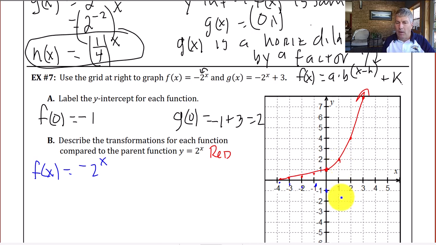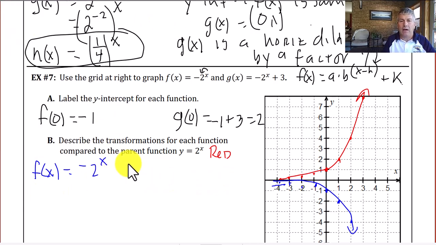So at 1 instead of 2 we get negative 2. At 2 instead of getting 4 we get negative 4. At negative 1 instead of getting 1/2 we get negative 1/2. Instead of 1/4 we get negative 1/4. Instead of 1/8 we get negative 1/8. So that's f of x equals negative 2 to the x.